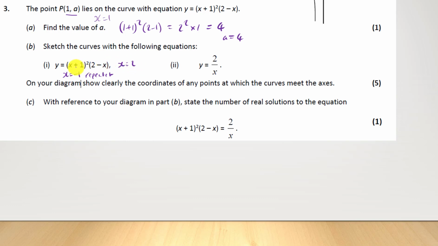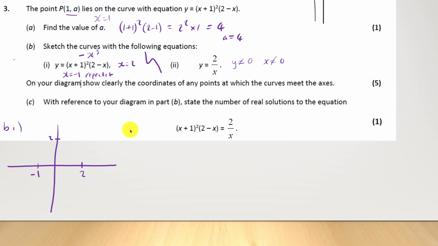Now that squared times x, if you multiply it out, becomes a negative cubic, so we know it's going to be that shape. It does just say sketch, so let's sketch that down here, part b(i). Just finishing this question off, how did I get this point 2 here?